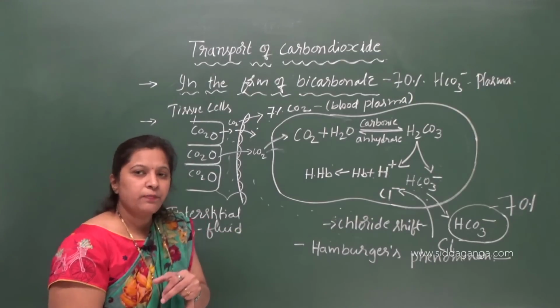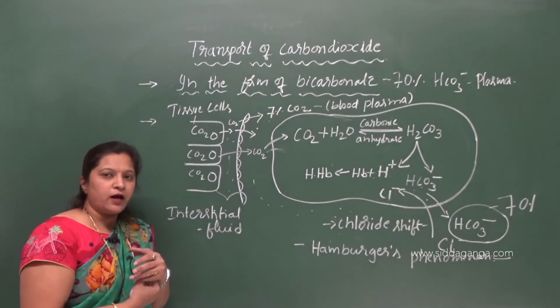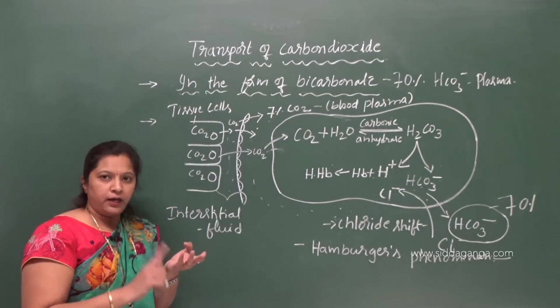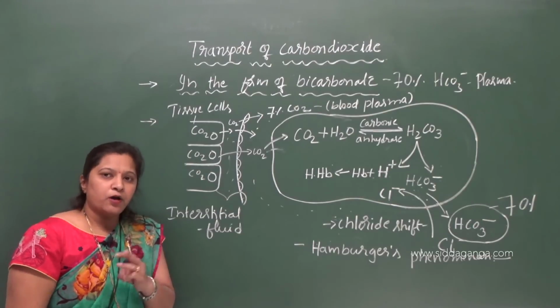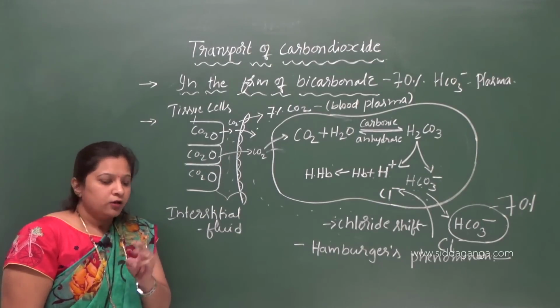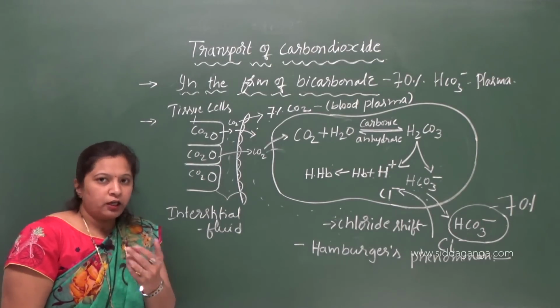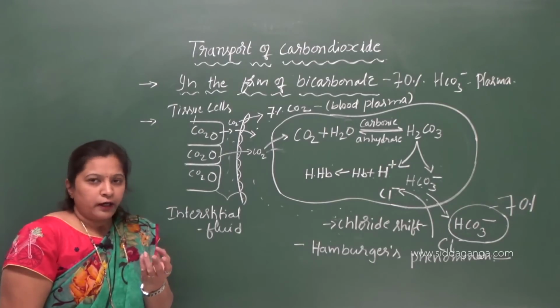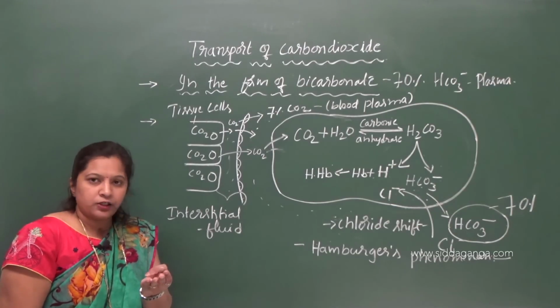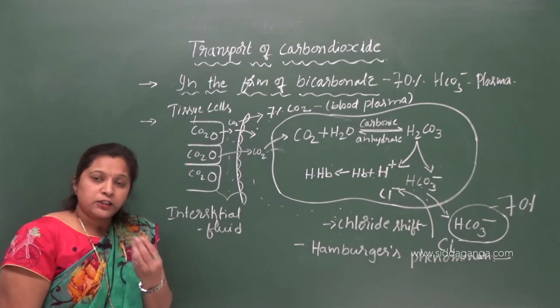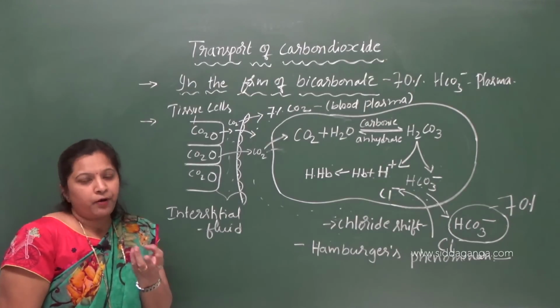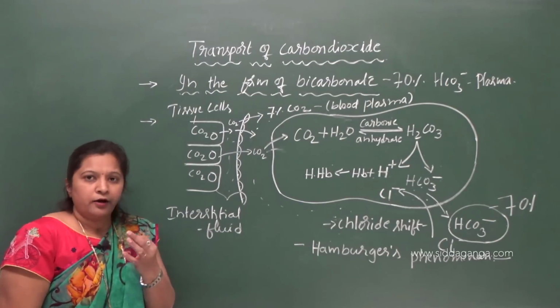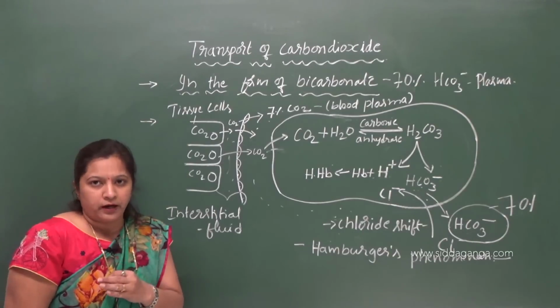What is the partial pressure of oxygen in the alveoli of lungs? It is 104 millimeters of mercury. What about the partial pressure of carbon dioxide? It is 40 millimeters of mercury. So in the alveoli of lungs, there is a high partial pressure of oxygen and a low partial pressure of carbon dioxide.